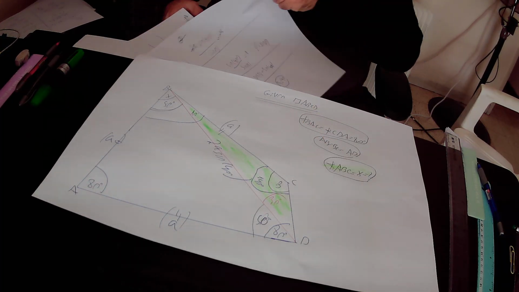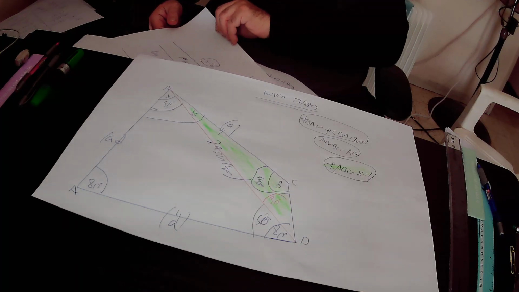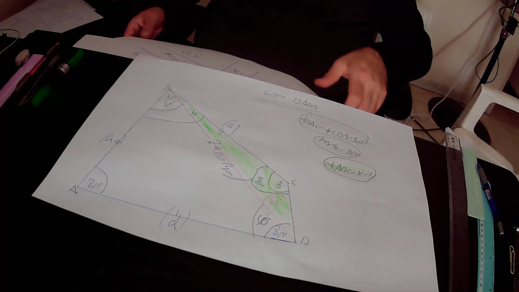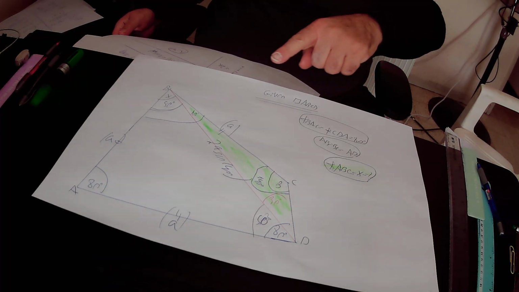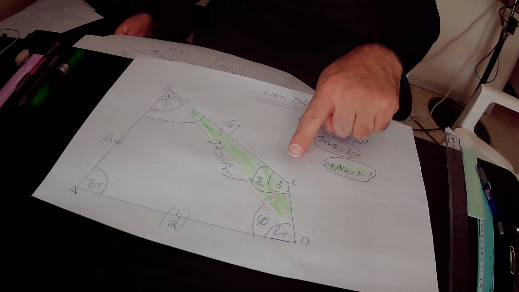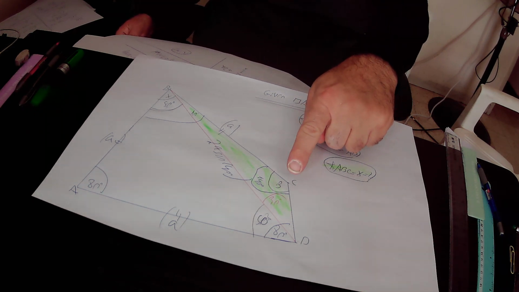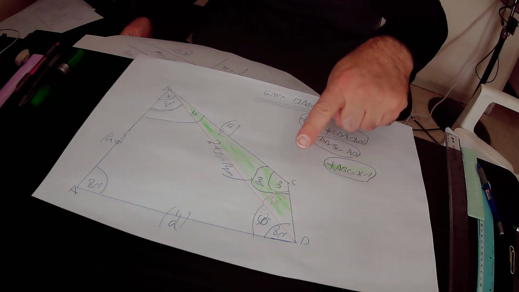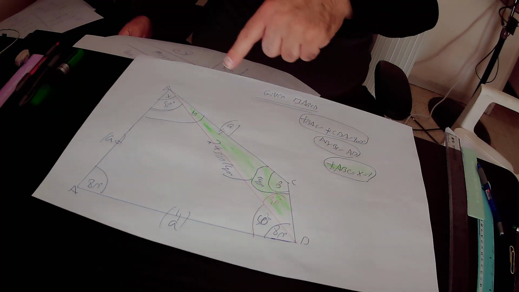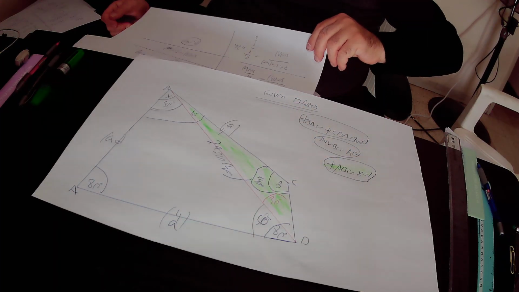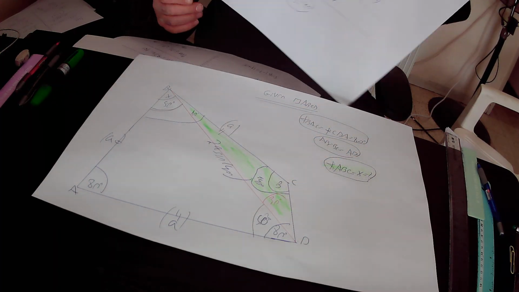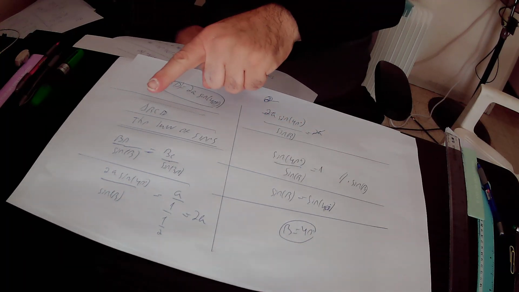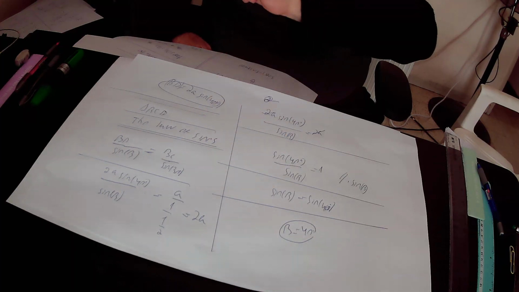According to the law of sines, in this green triangle BCD, BD over sine beta equals BC over sine 30 degrees.